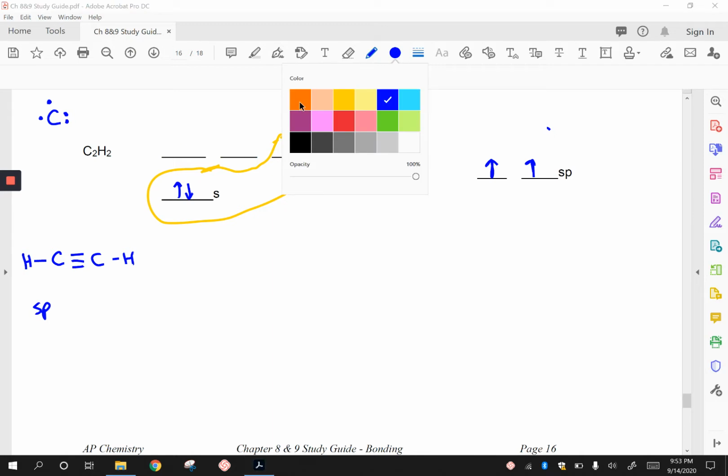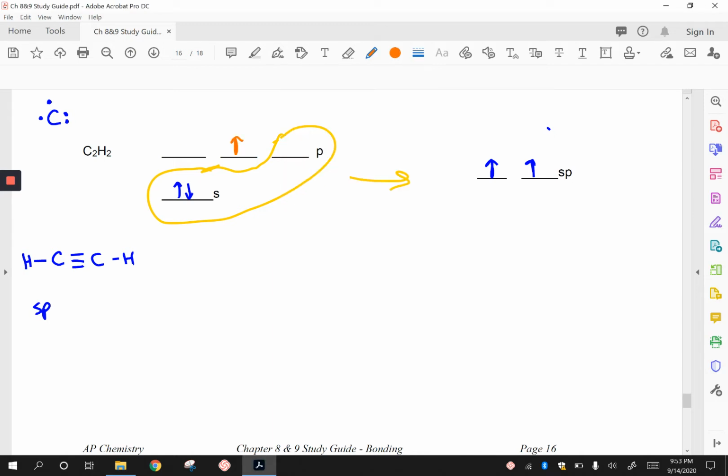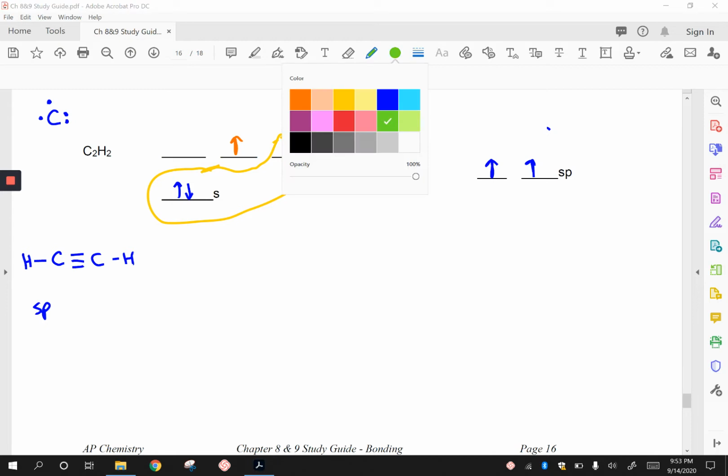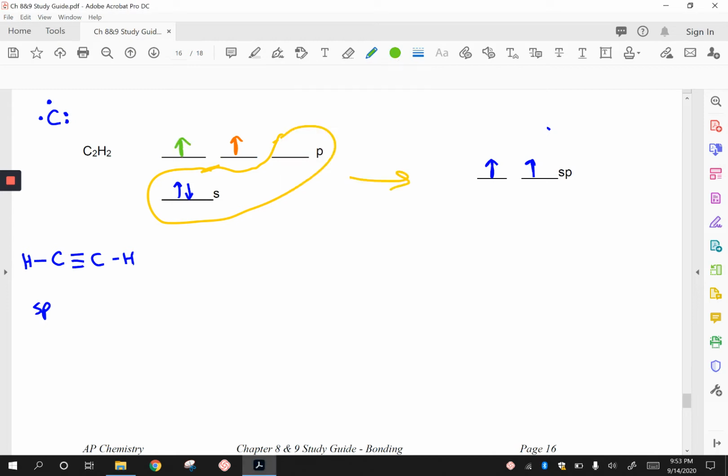Let's make one of them maybe orange and one of them green. There we go. So these are my original 4 electrons. In reality, those 2 orbitals mixed together to form the 2 sp orbitals. These 2 are still pure p orbitals. They have not hybridized. They have not mixed together.